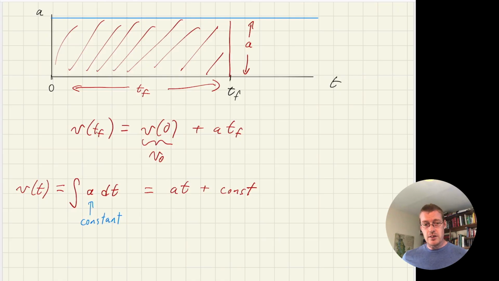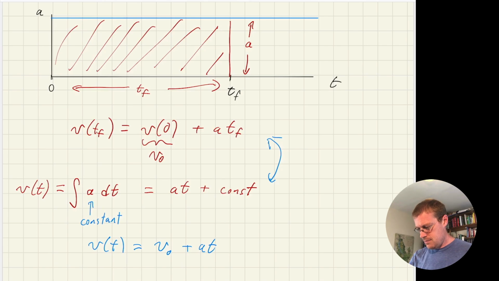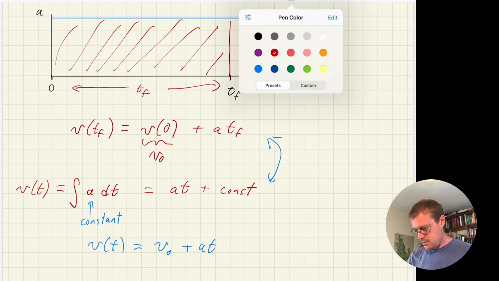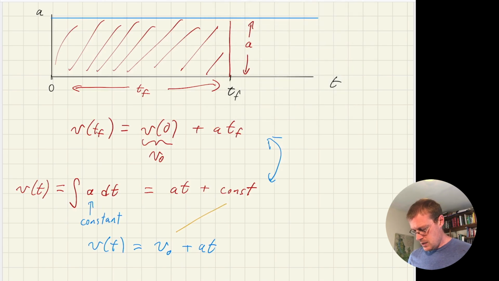In your calculus class, you might have done something like that. This is exactly the same argument as we have here. If I just set tf to be some particular time, call that time t, I get v of t equals v naught plus at, and that's the constant.